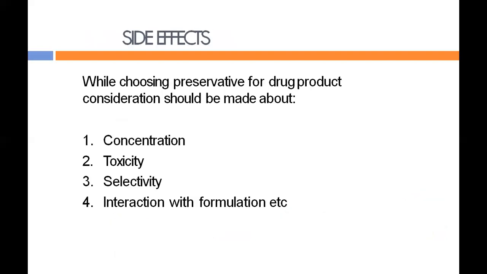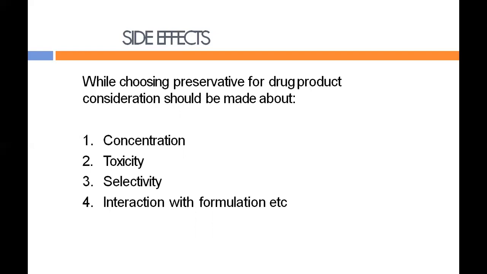Now, while selecting the preservative, you will have to decide what the needs of the formulation are. If the formulation is susceptible to oxidation, then you will have to add antioxidants as preservatives. If the formulation is susceptible to microbial attack, then you will have to select antimicrobial preservatives. If there is a danger of metallic impurities being present, then you will have to select a chelating agent as the preservative.